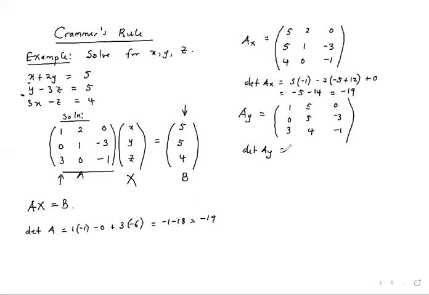So we use the first row, we have 1, cancel, get -5 plus 12, and then -5, cancel, we get +9 plus 0. So we have 7 minus 45, which is equal to -8.